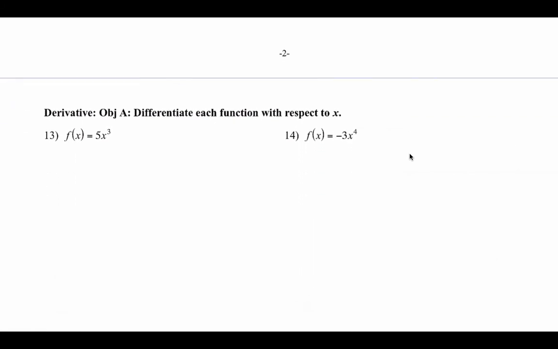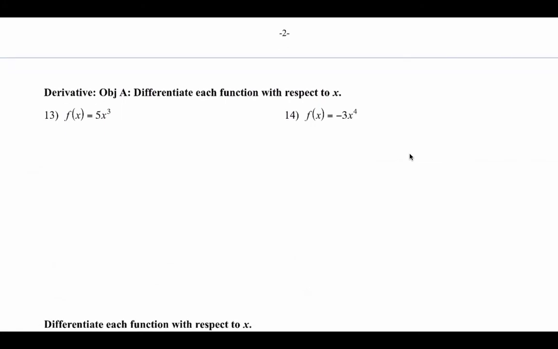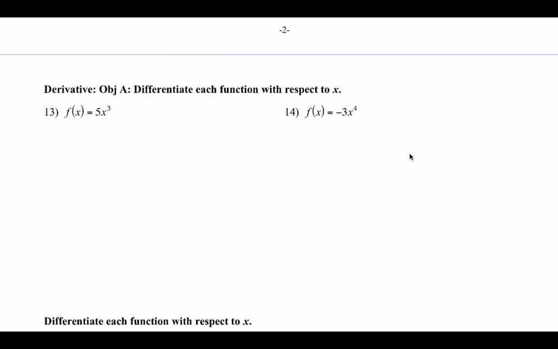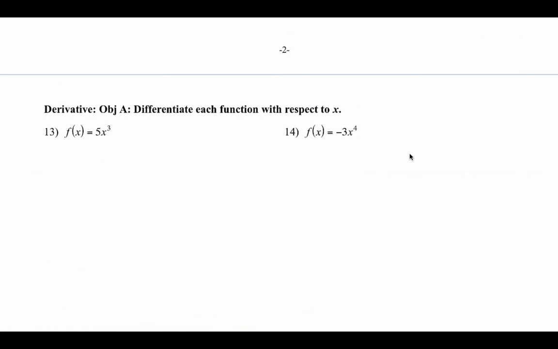The rest of the questions we have, I'm going to give you just a quick overview of what we do with derivatives. So derivative is the power rule, which is really simple. A lot of you remember what to do. For this one, it is f prime. What we do with the exponent is we take the exponent, bring it to the front, times 5x, and then the power minus 1.